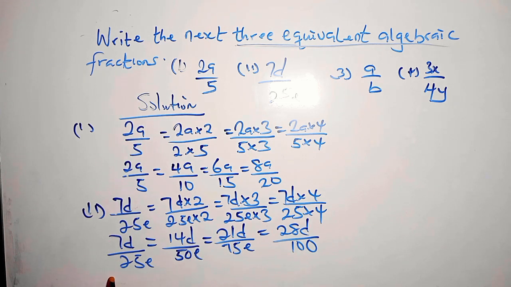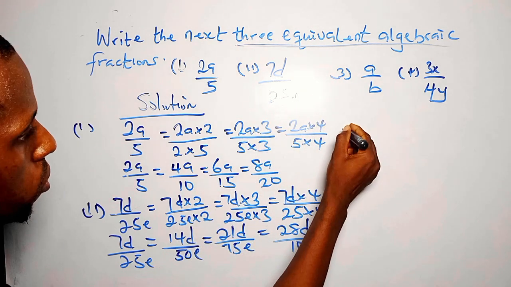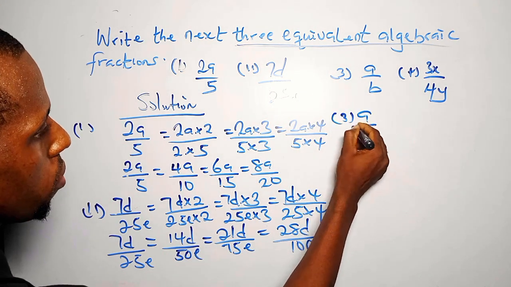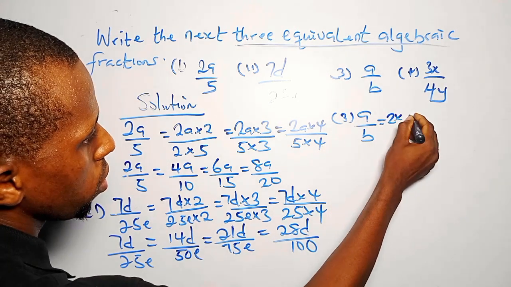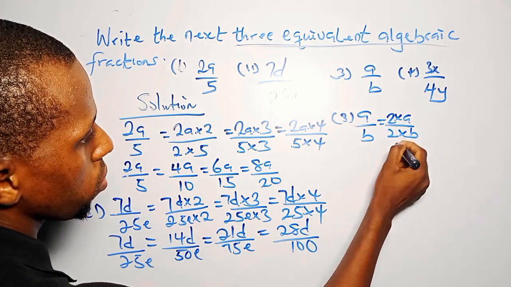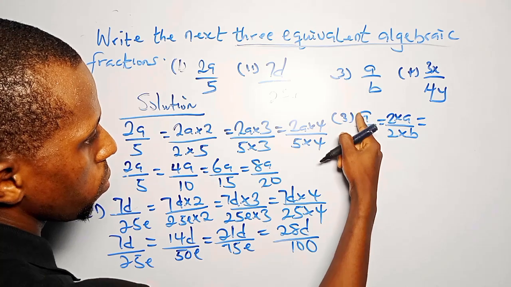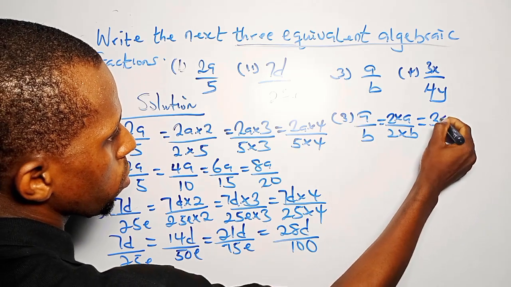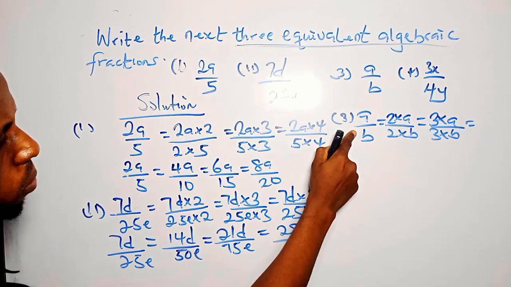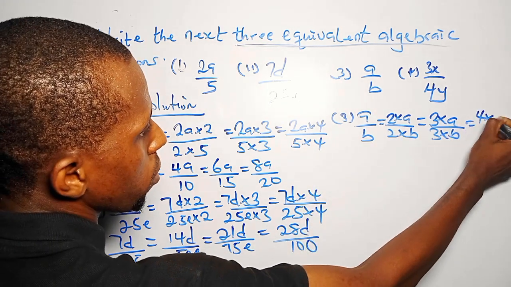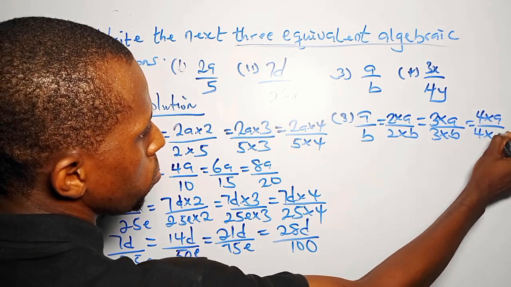Proceeding to the third one, we have a divided by b. Let's start with 2: 2 times a divided by 2 times b. Then we multiply with 3: 3 times a, 3 times b. And with 4, we have 4 times a divided by 4 times b.